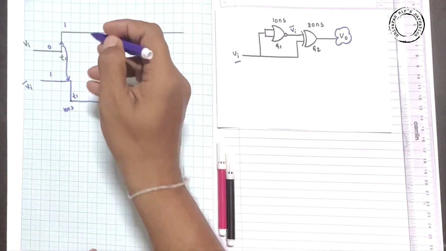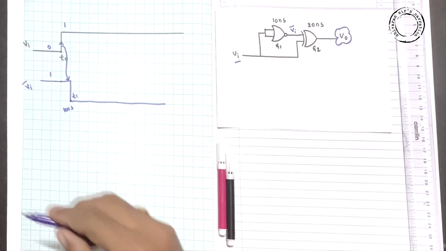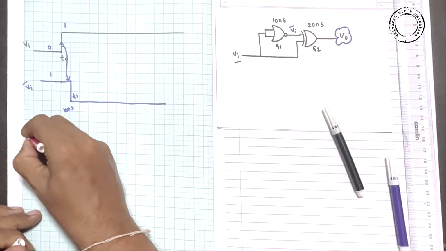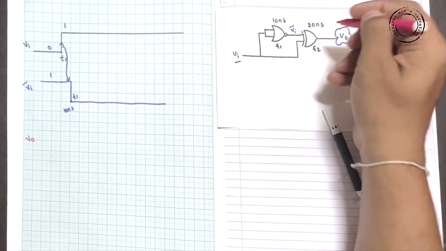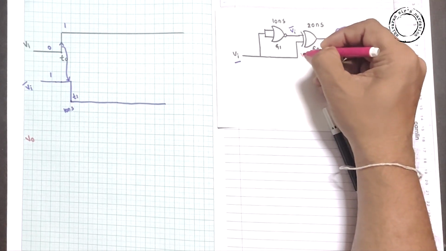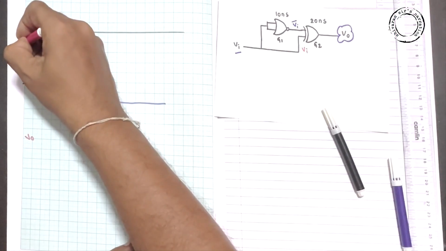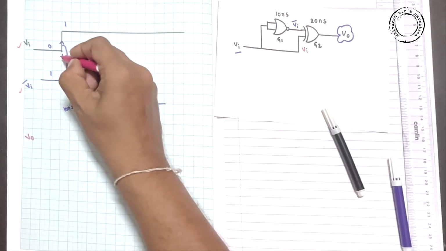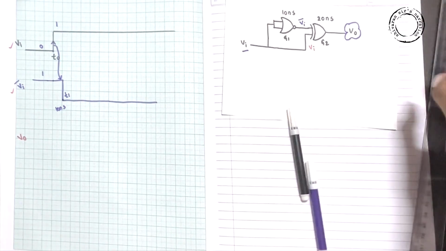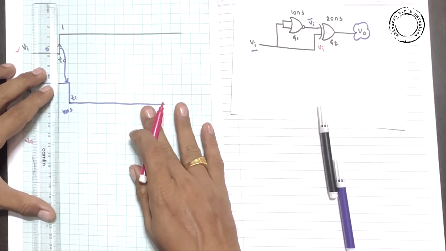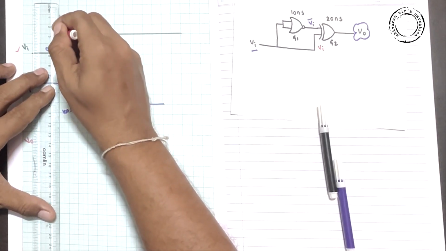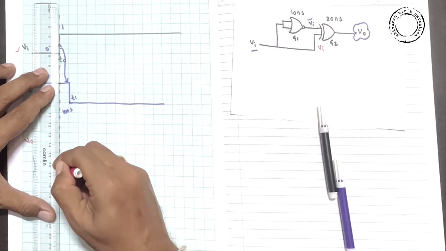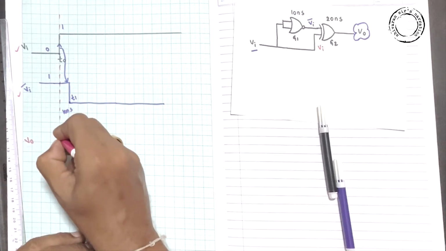Now here you see we want to draw the waveform for V0. Let's draw V0. Coming to that, here Vi dash and Vi, isn't it? So this and this. First, it stays as it is previously, before T0. As the inputs are 0, 1, output will be logic 1 itself before T0.